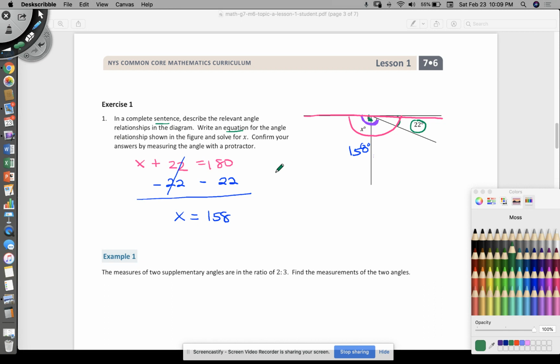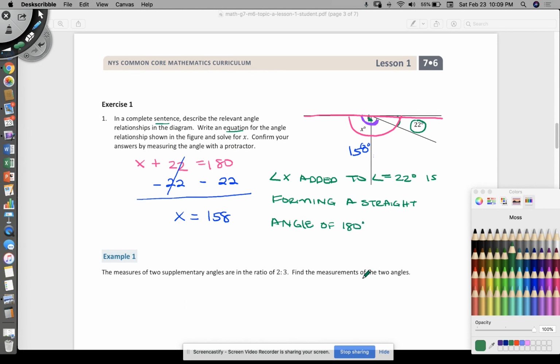Now they did want, in a complete sentence, describe the relevant relationship. So we're going to say angle x added to angle equaling 22 degrees is forming a straight angle of 180 degrees.